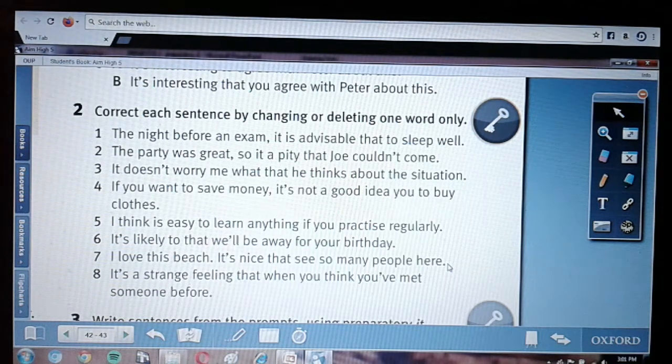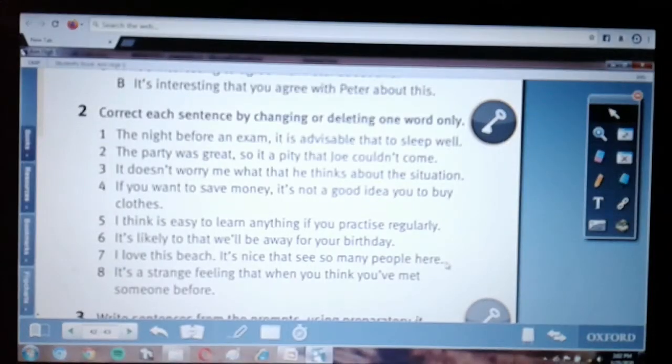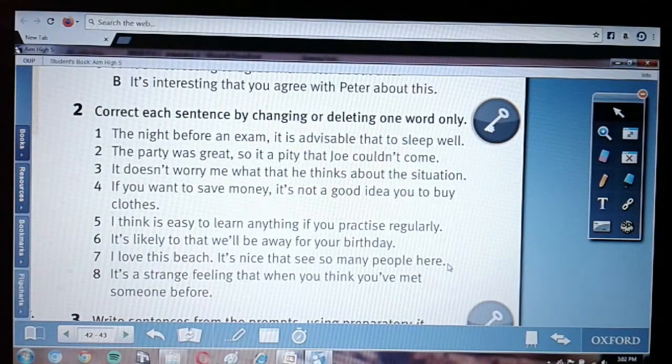What word shall we delete? It is that. So, the sentence should turn into: the night before an exam, it is advisable to sleep well. So slash that. Okay, so finish part 2.